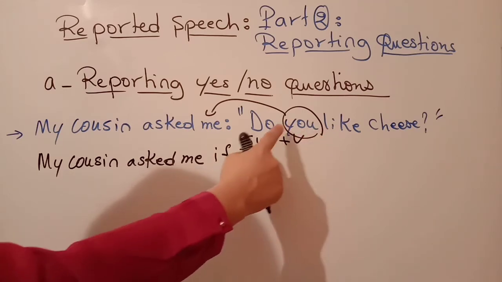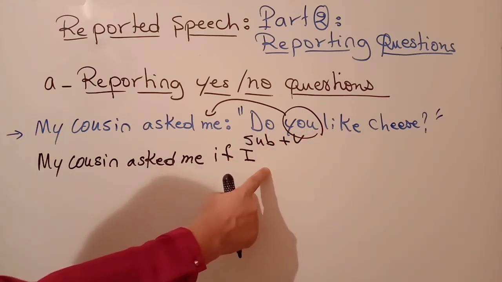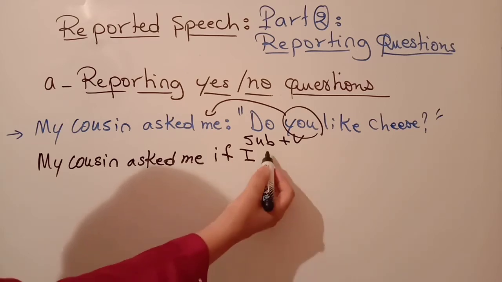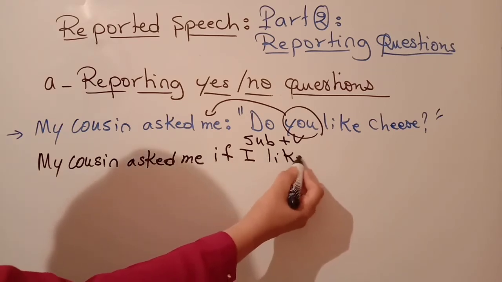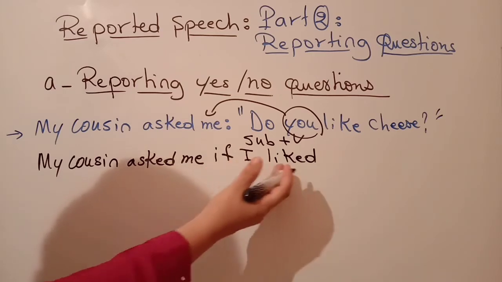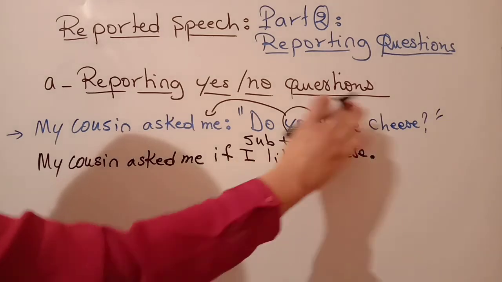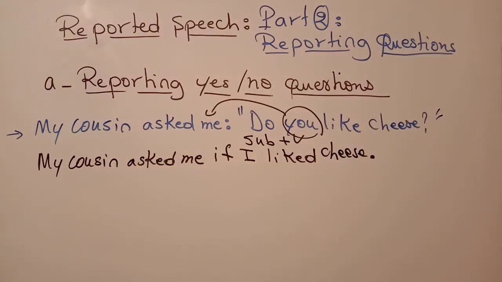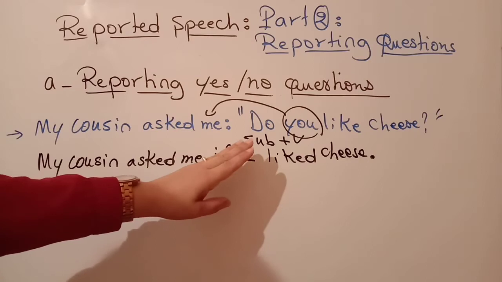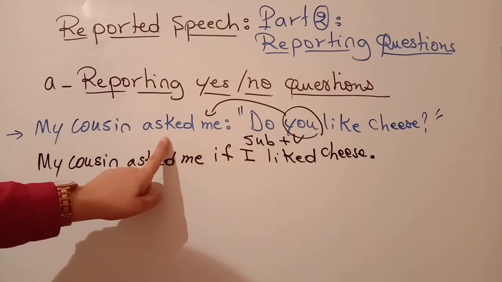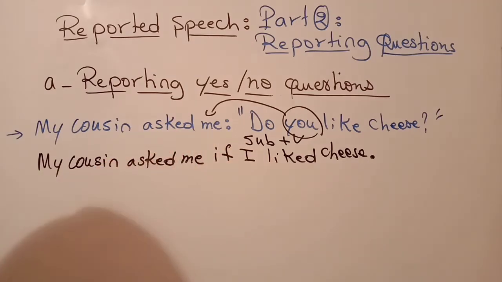Like, present simple, becomes simple past: if I liked cheese, then no question mark. As in reporting statements, we need to change the tense because the reporting verb is in the past. Clear? Good.